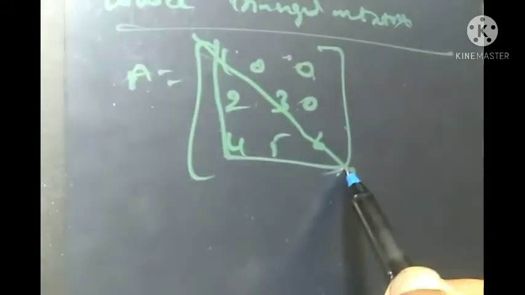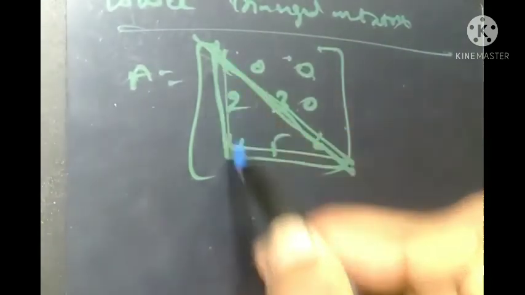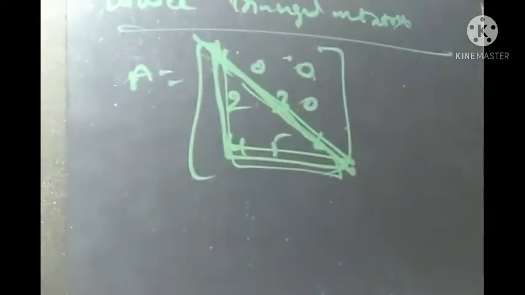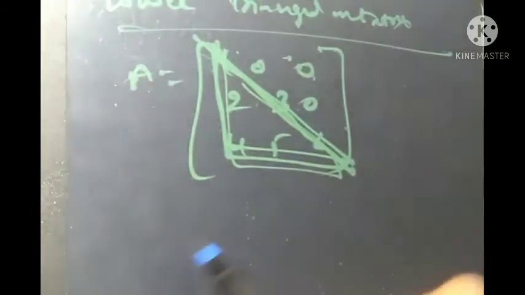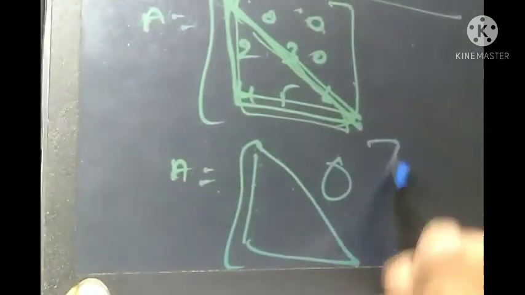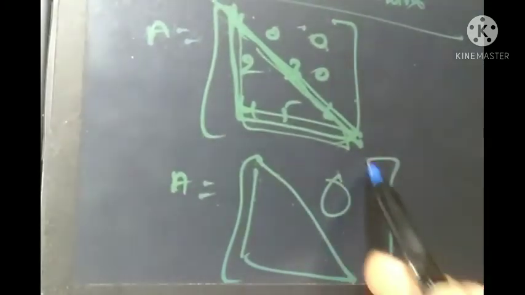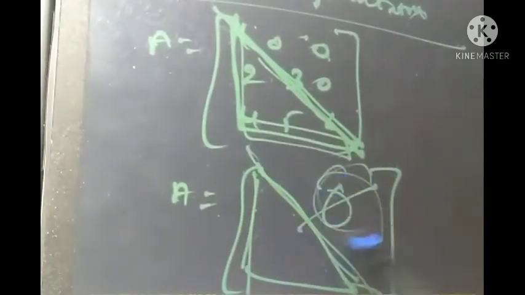This forms a triangular form like this. That's why this is called a lower triangular matrix. It can be written like this also. These entries are all 0. Above the diagonal line all the entries are 0.